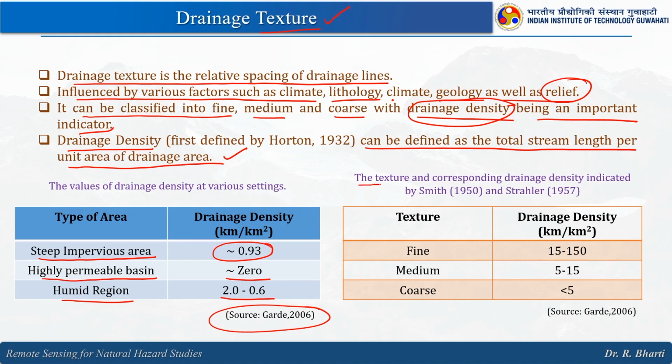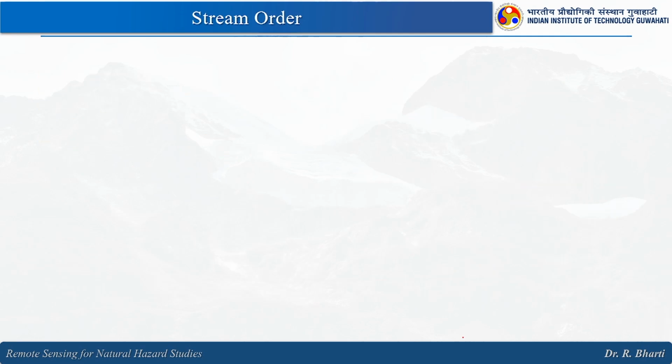Then we have the texture and corresponding drainage density. So, here it is from Smith and Staller. So, here when we have the fine texture, the drainage density is in this range. When we have medium texture, it is in the order of 5 to 15. When we have coarse, it is less than 5, right. So, this is how we define the drainage texture.